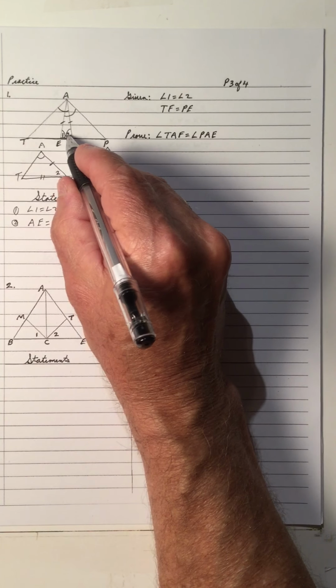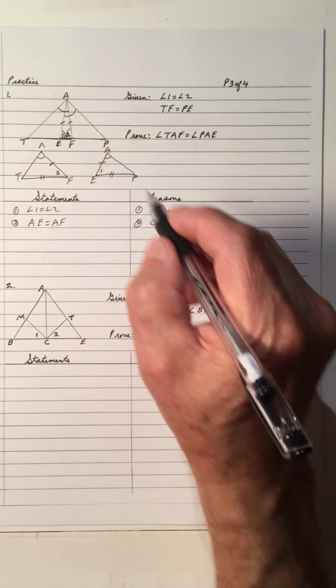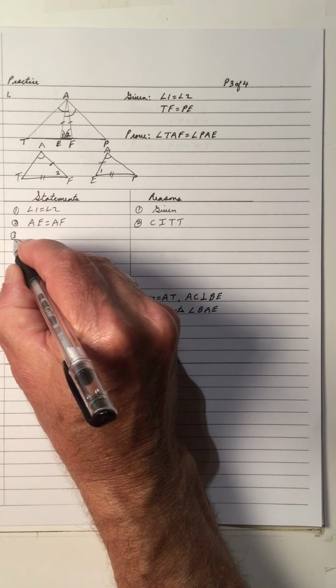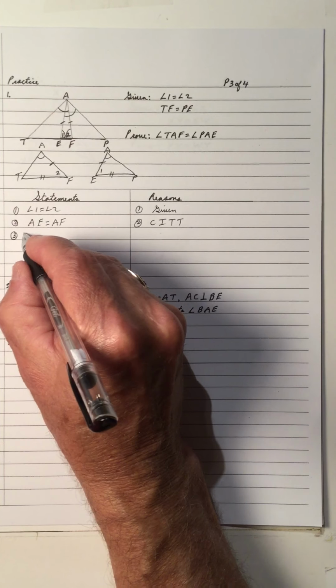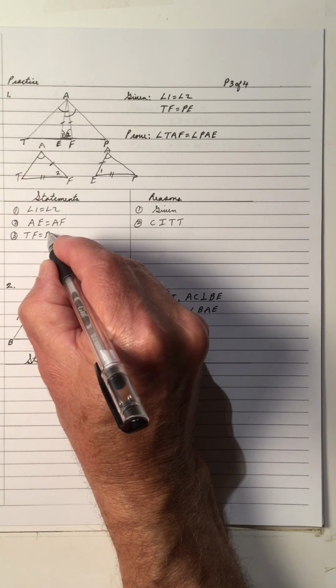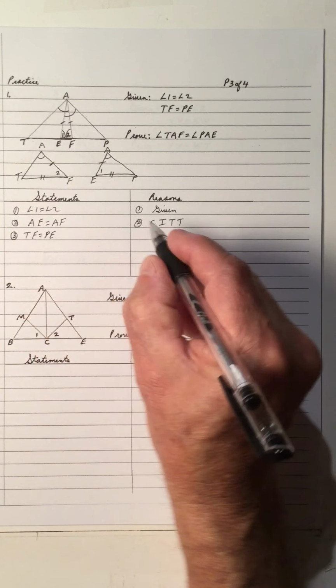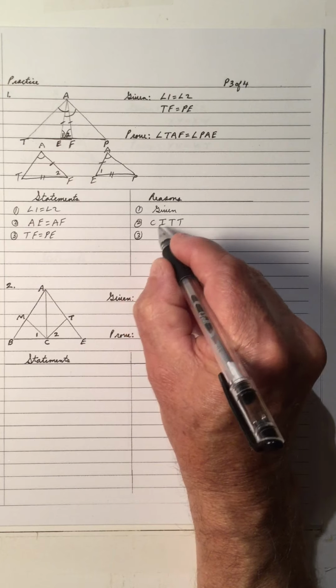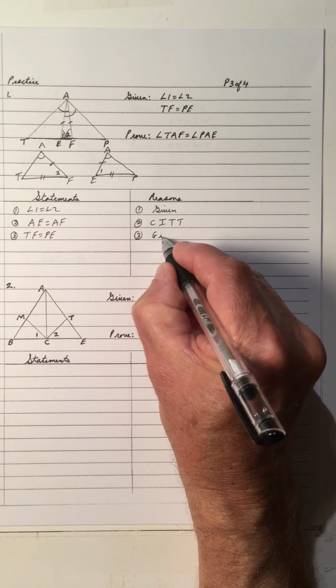If two angles of a triangle are equal, the sides opposite the angles are equal. Converse of ITT. And we have TF equals PE. That's given.